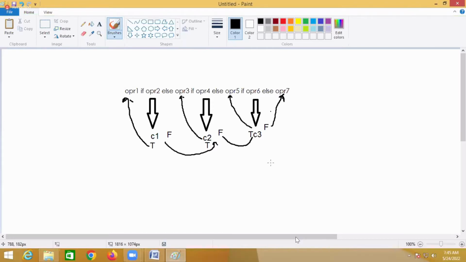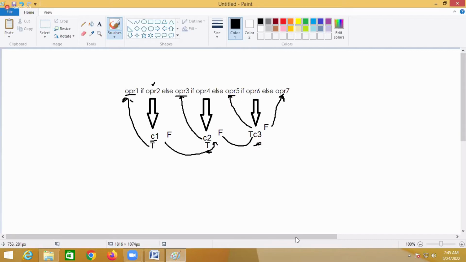So if condition 1 is true, it executes operand 1. That's it. If it is false, then it will check the second condition. If the second condition is true, it will execute operand 3. If the second condition is false, then it checks condition 3. If condition 3 is true, it executes operand 5.